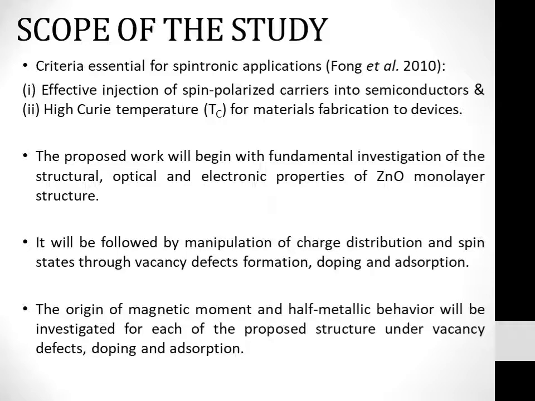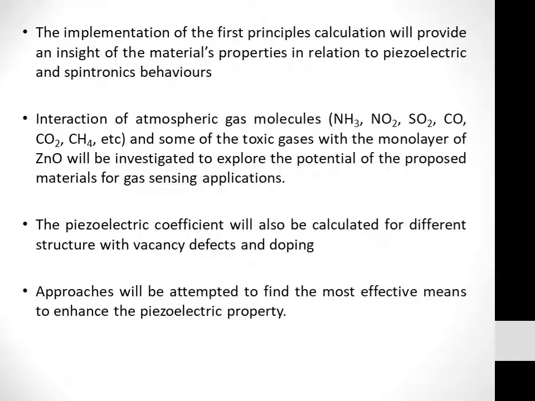The origin of magnetic moment and half metallic behavior will be investigated for each of the proposed structures under such vacancy defect, doping, and adsorption. Our work will attempt to find suitable ways to enhance the magnetic properties without significantly large doping that may result in significant structural changes.